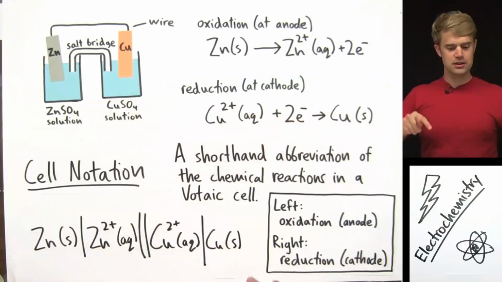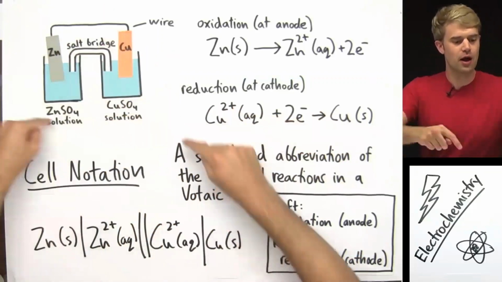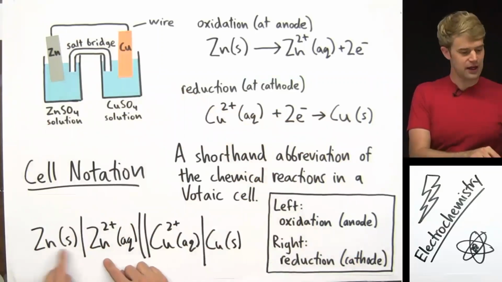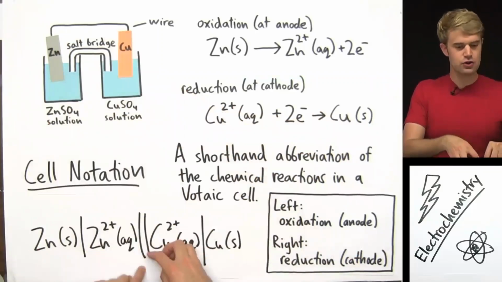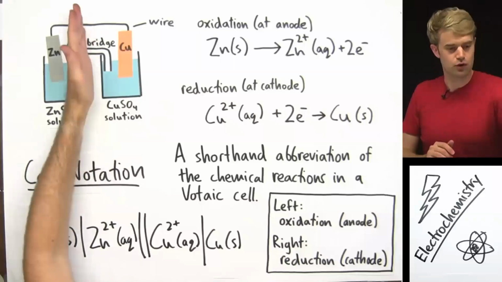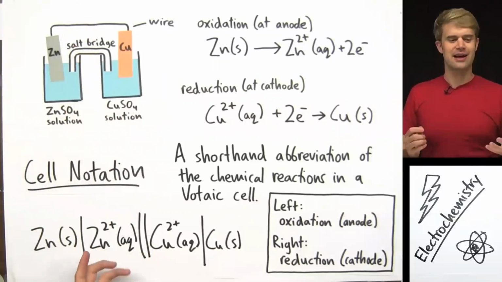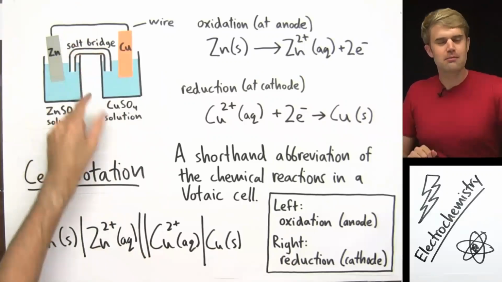So this is how we can sum up what's going on in this voltaic cell using cell notation. We have the oxidation process, and then two lines showing the boundary, and then we have the reduction process.